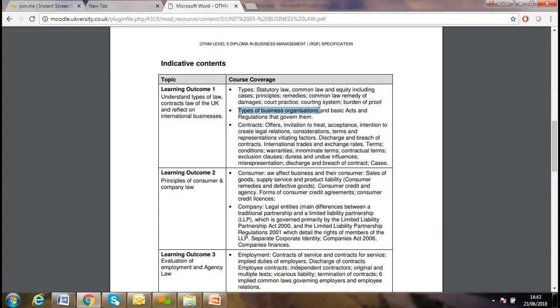For partnership, we have a Partnership Act in the UK, called the Partnership Act 1890. Partners need to have a written agreement on their sharing ratio, how much loss or profit they will share. That comes under the Partnership Act 1890, which we'll go through. For the limited company, we have the Companies Act 2006.